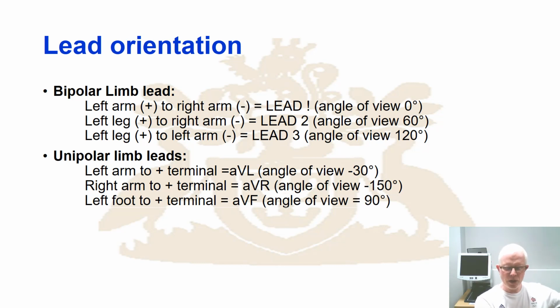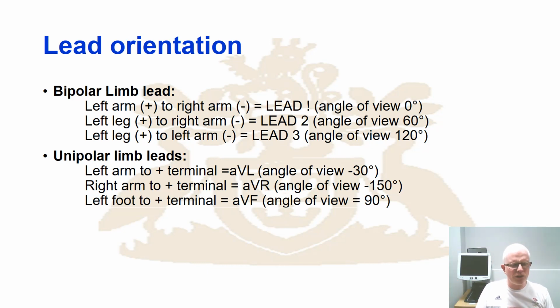When we say the positive terminal, remember we've got to measure both positive and negative, that's polarization and repolarization of the heart. So we've got electrodes that are designed to pick up positive signals and negative signals. The unipolar leads are designed to pick up just the positive signals, whereas the bipolar leads create, in essence, a network.